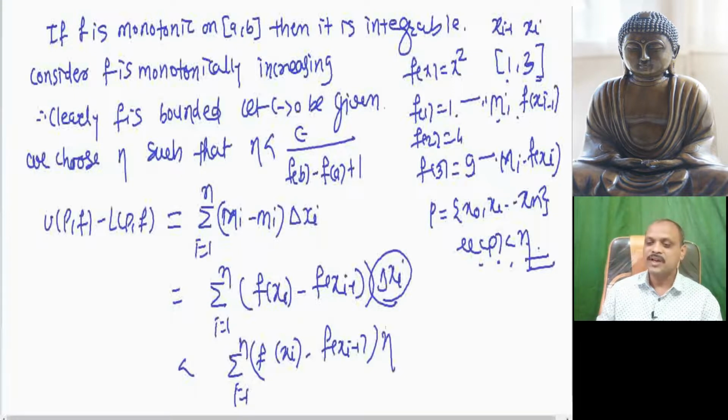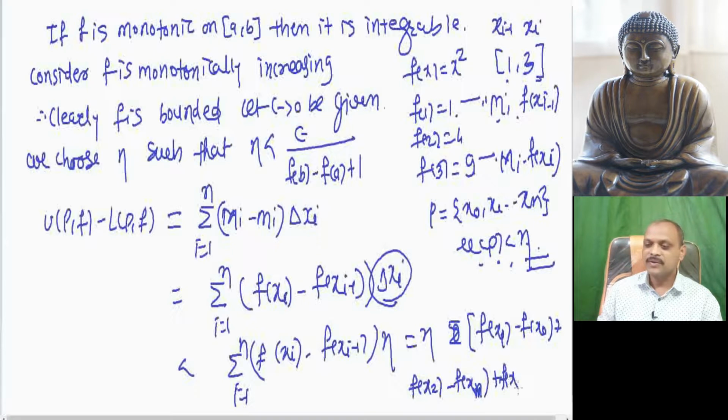So this gives eta into the summation of f of xi minus f of xi minus 1, that means writing out all these values: f of x1 minus f of x0, plus f of x2 minus f of x1, plus f of x3 minus f of x2, up to plus f of xn minus f of xn minus 1.